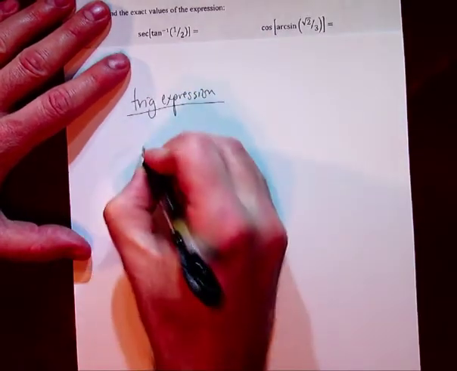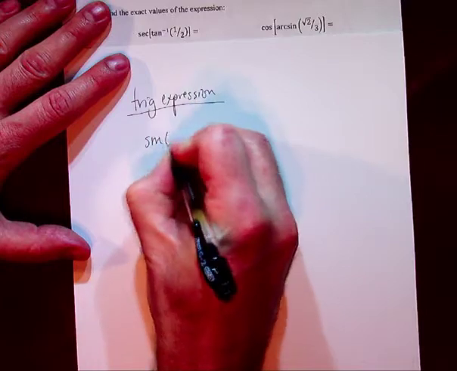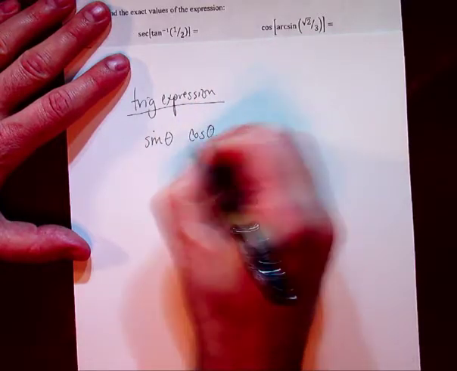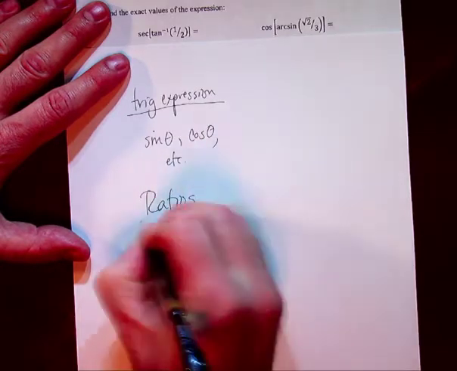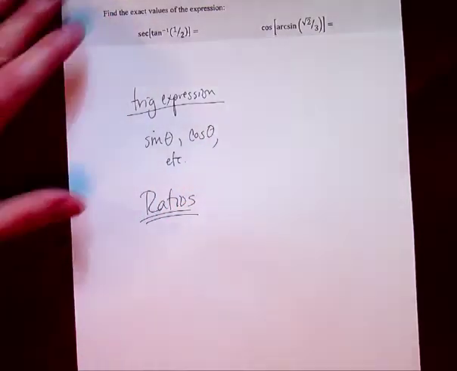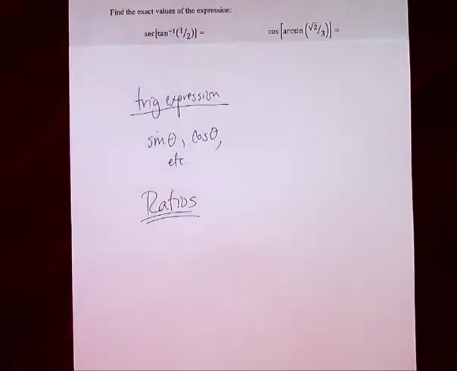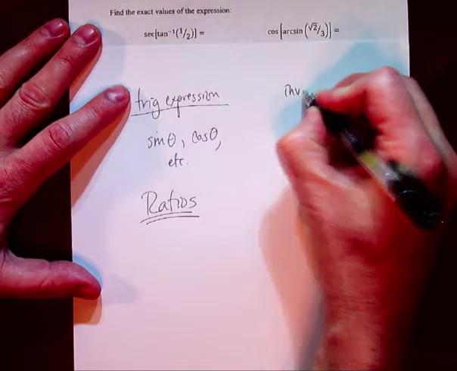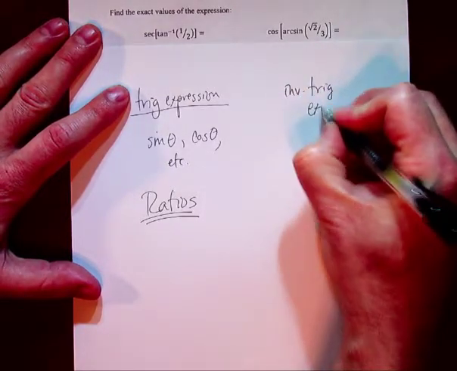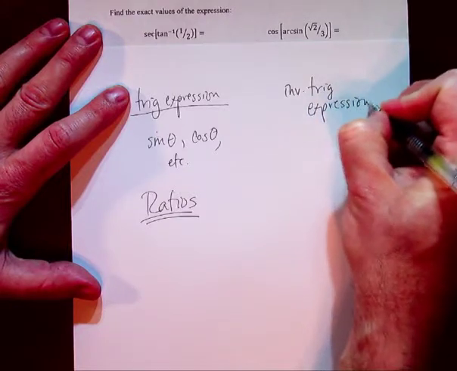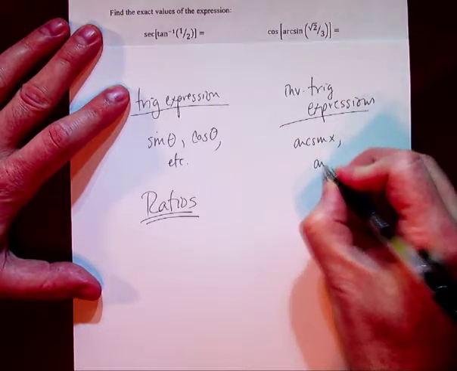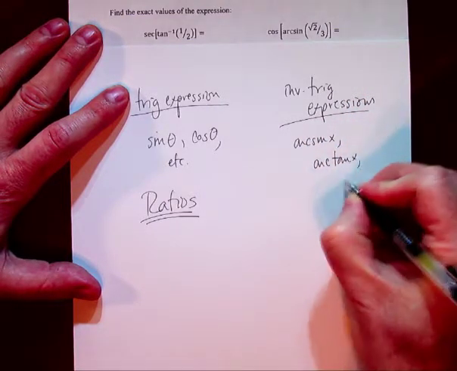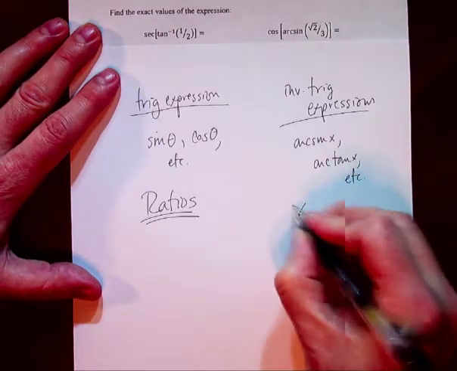Trig expressions like sine theta, cosine theta, etc. are ratios. So when you just have them sitting around as these expressions, they stand in for ratios. Your inverse trig expressions, like arcsine of x or arctangent of x, etc., are angle measurements.